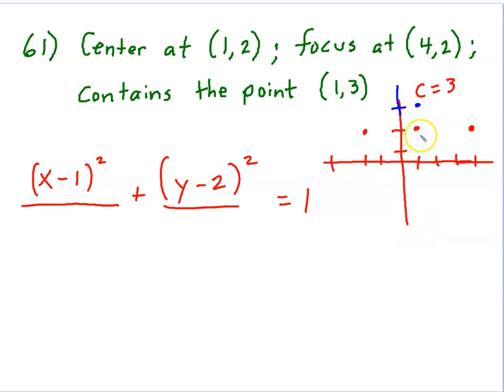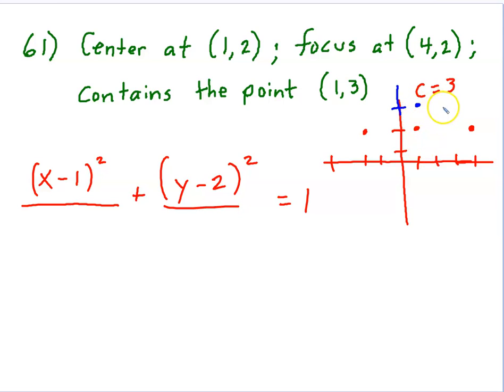Okay, so apparently if (1, 2) is the center and we have a horizontal major axis, we know that because the focal points are on this horizontal line, then this must represent the co-vertices, or one of the co-vertices.